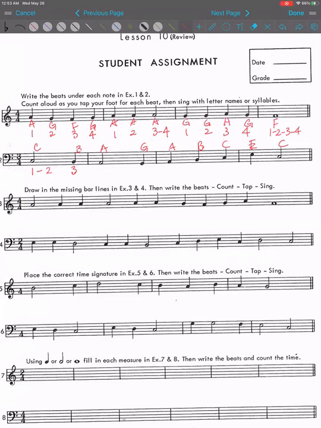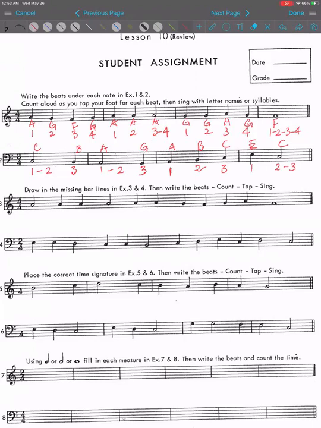So 1-2, and then 3. And then 1, 2, 3, then 1, second beat connect to the third beat.